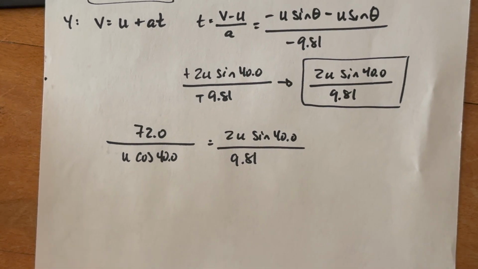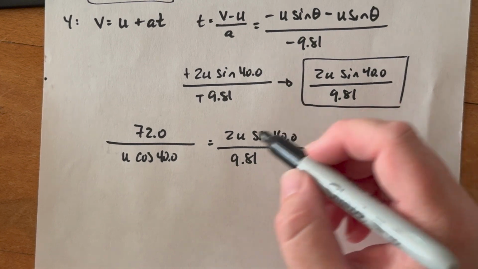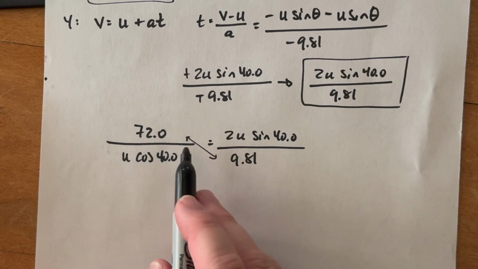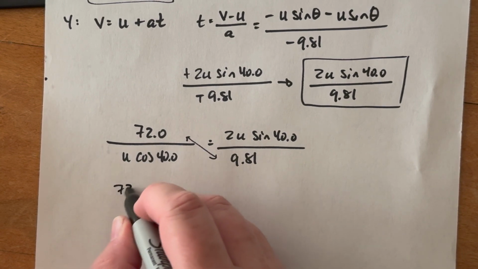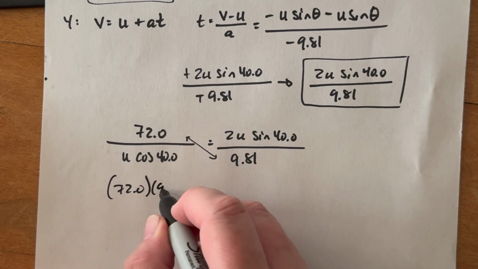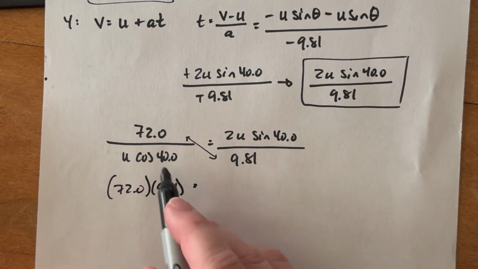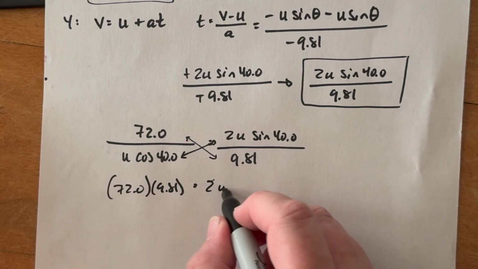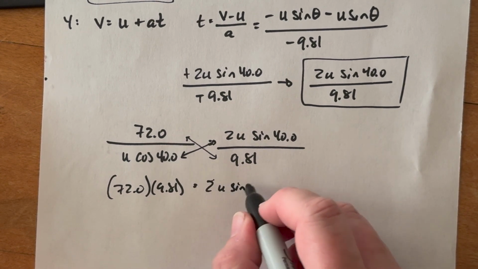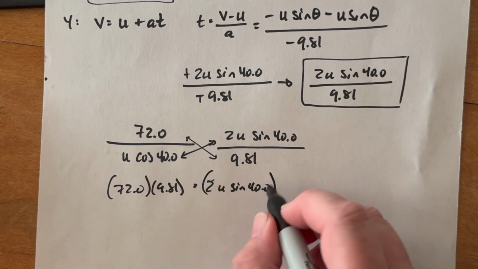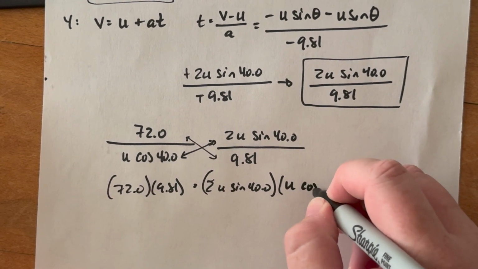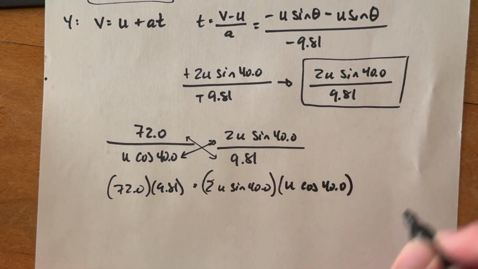So I get this mess here, and we're going to do some kind of dirty math to get to where we need. First of all, we'll cross multiply. So I'm going to take 72.0 times 9.81, and I'm going to set that equal to what I cross multiply here, 2 u sine 40.0, that's from here, times what I have over here, u cosine 40.0.